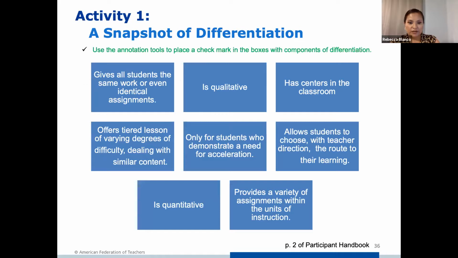All right. So just to reiterate what we had talked about at the beginning of the session, we do know that differentiated instruction does have these components, right? It is qualitative. So we're looking at quality, not quantity. It doesn't really matter if you throw a whole bunch of activities out there.